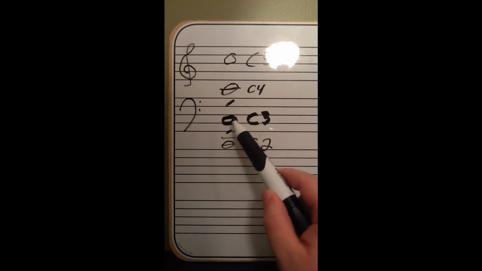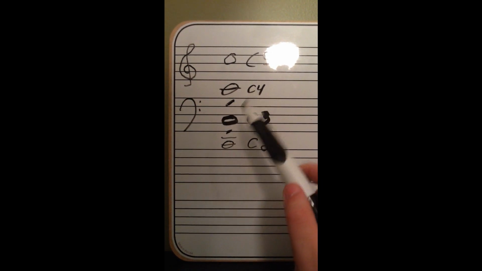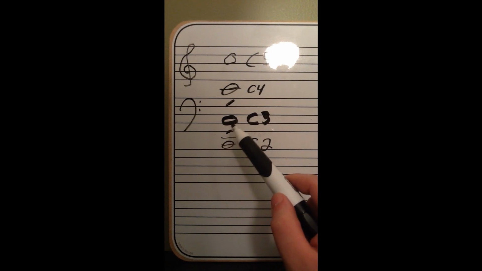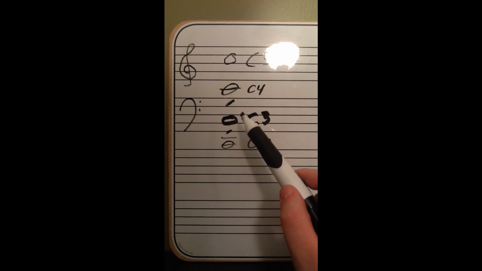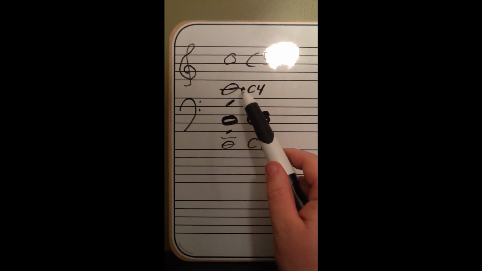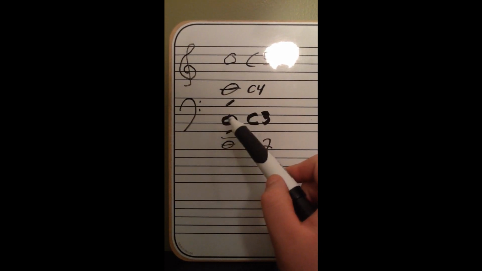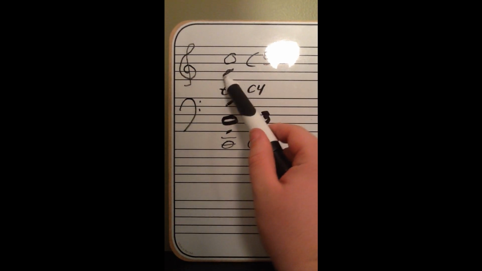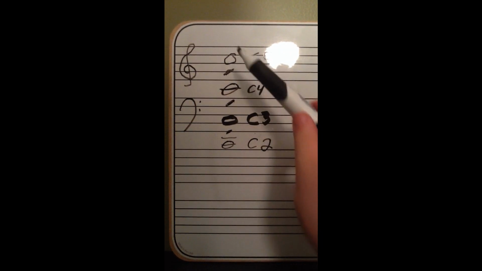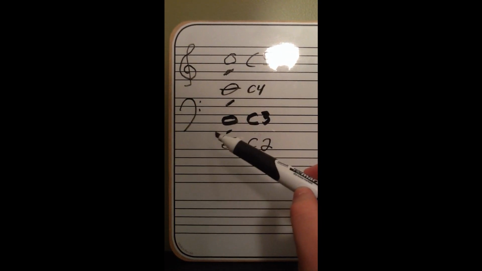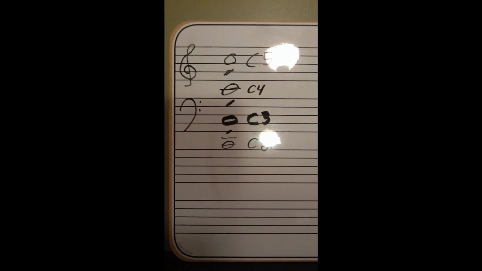This G, for example, is lower than C3, so it's not a G3. It's above the C2, so it's a G2. This G is below C4, so it's not a G4, it's a G3. This G here is below the C5 and above the C4. It is a G4, and so on and so forth.